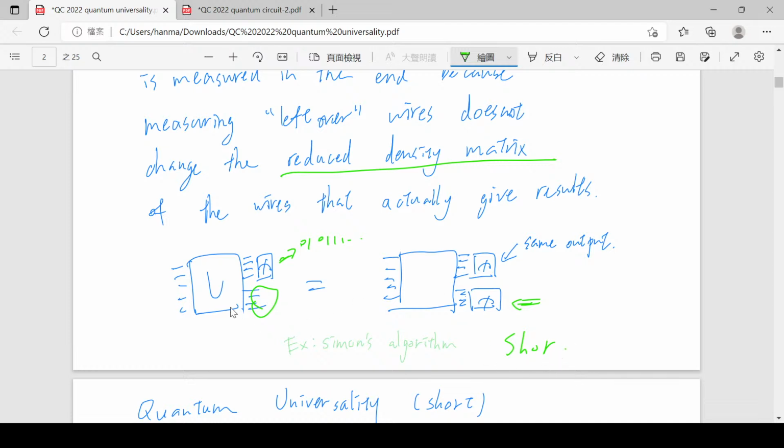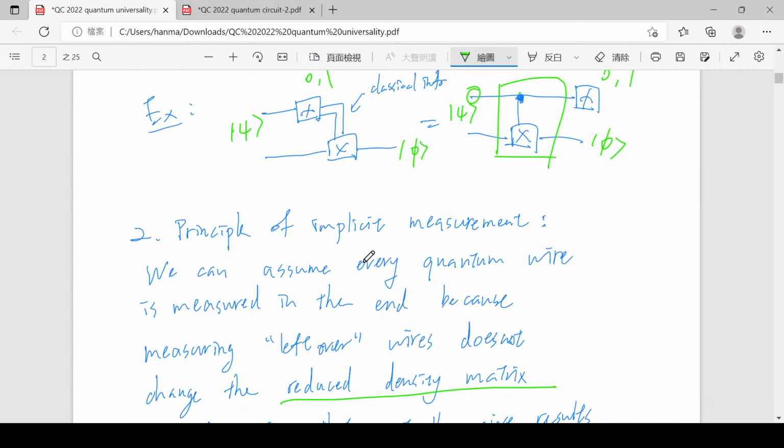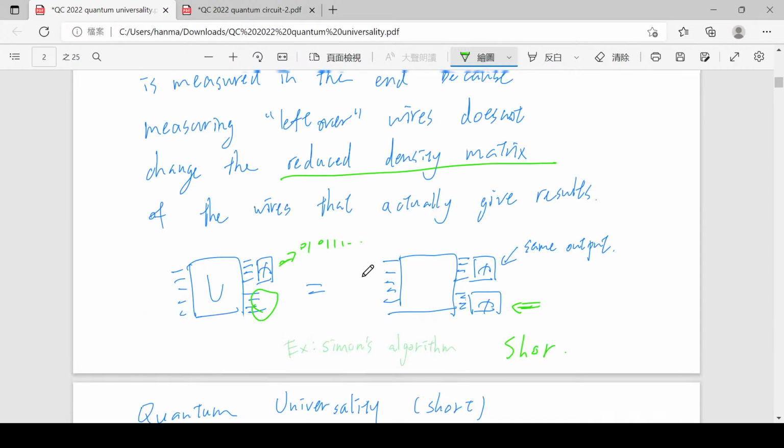Shor's algorithm can also be analyzed in a similar way, and that's pretty interesting.